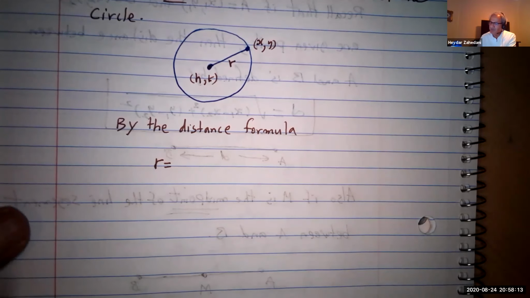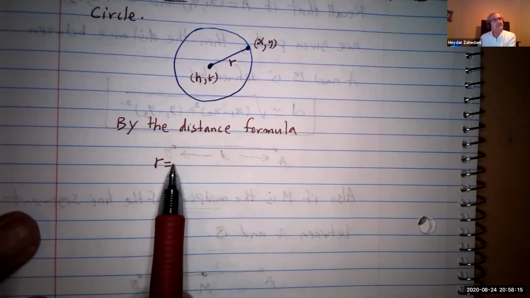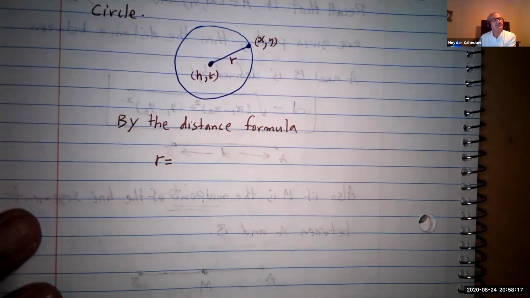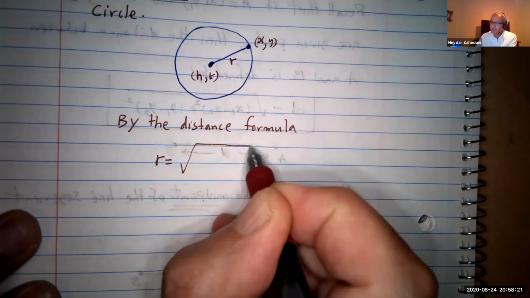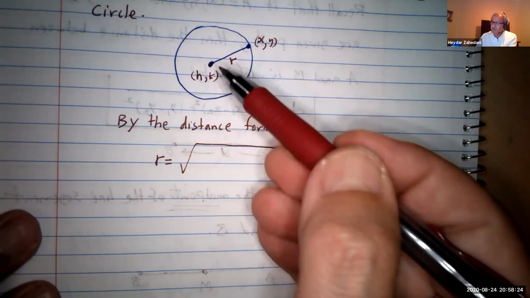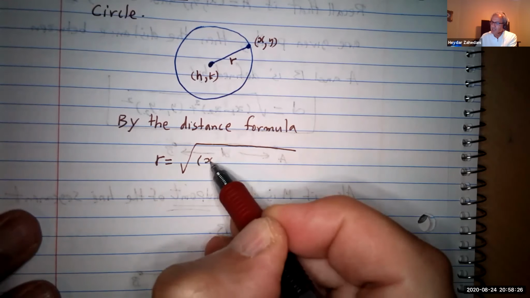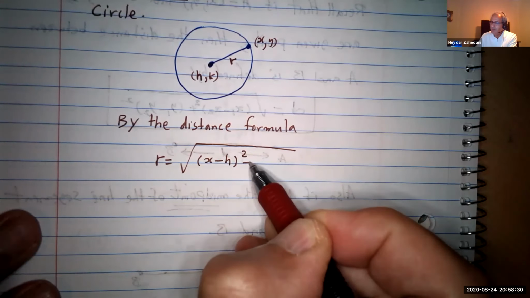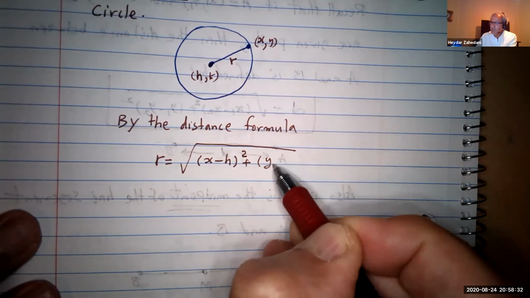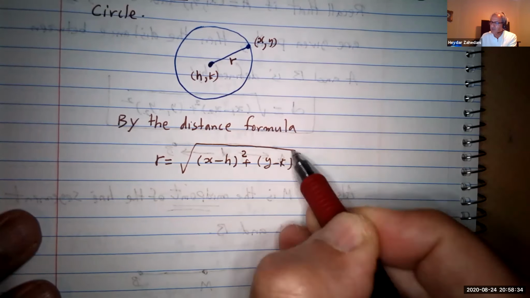Yes, we can take a picture if you like. By the distance formula, r is equal to the square root of the difference between the x numbers, x minus h all squared, plus y minus k squared.